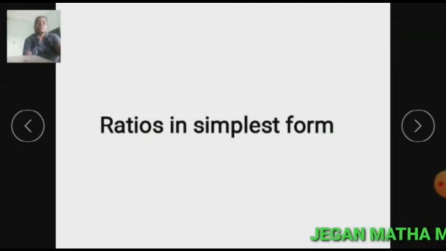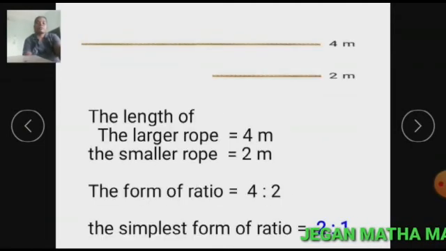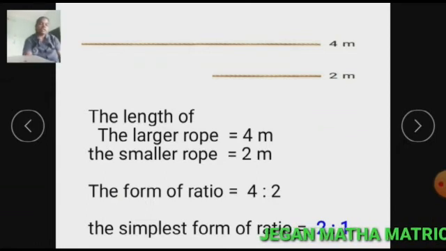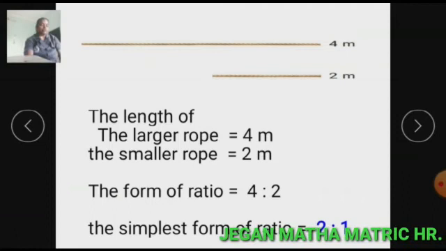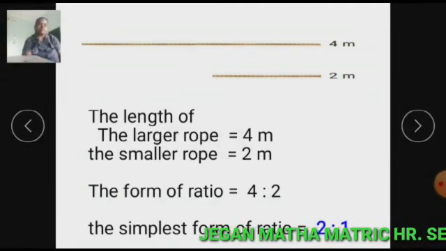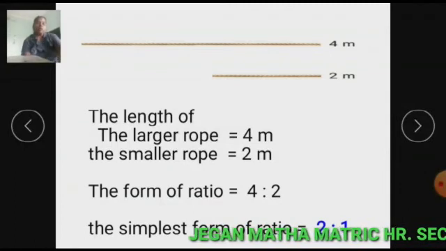Ratios in the simplest form. Let us consider a situation. The larger rope is 4 meter long and the smaller rope is 2 meter long. This is expressed in the form of ratio 4:2.